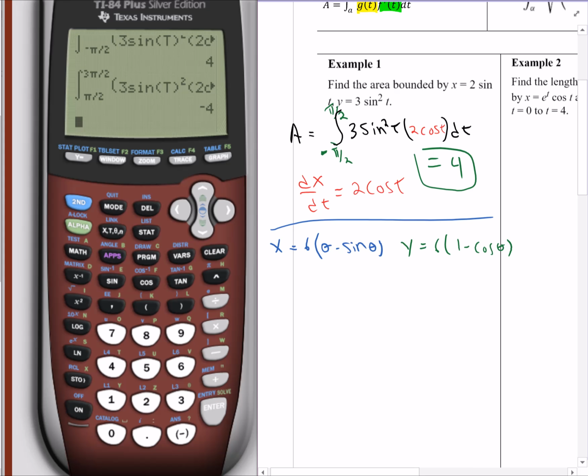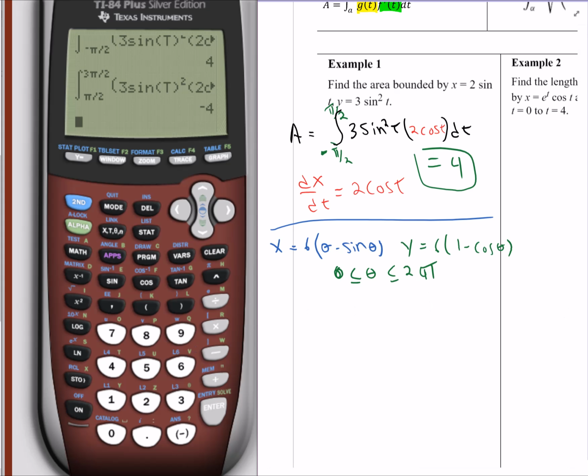Parametric has a parameter. It doesn't always have to be t. It could be theta, and we're going to restrict ourselves to go from 0 to 2 pi. So we're given the limits here.